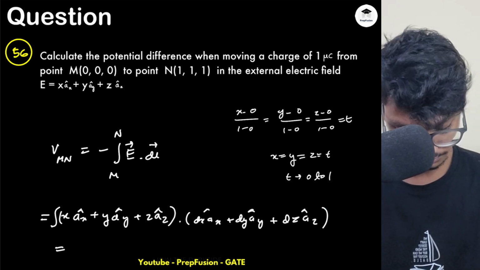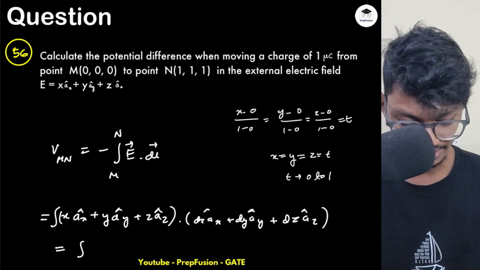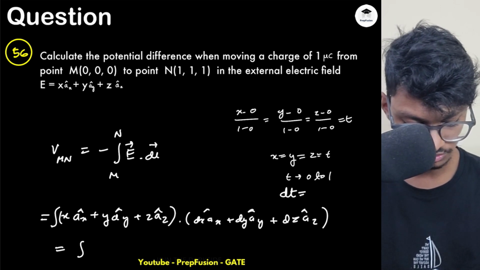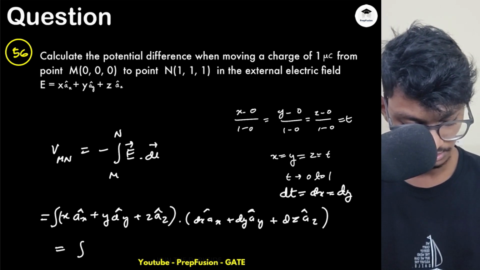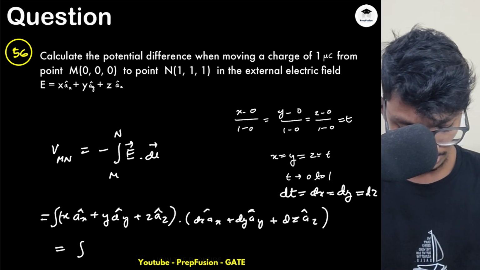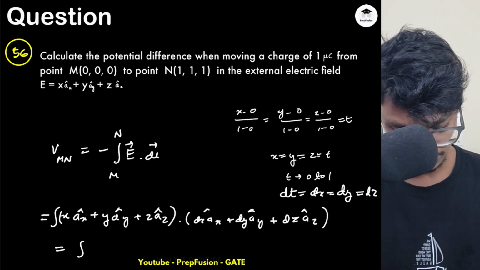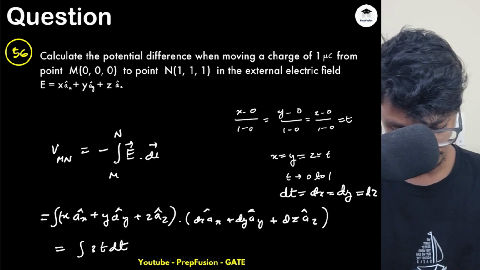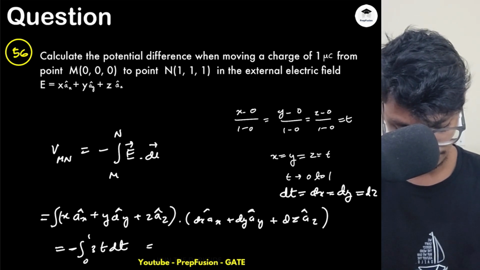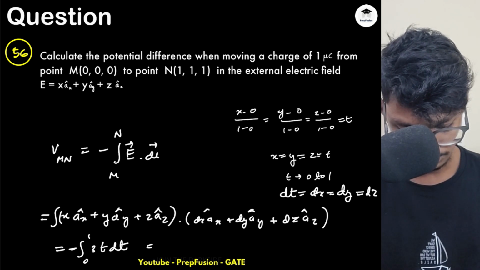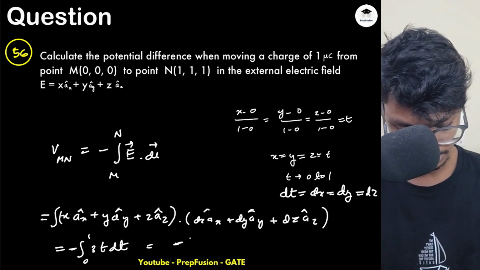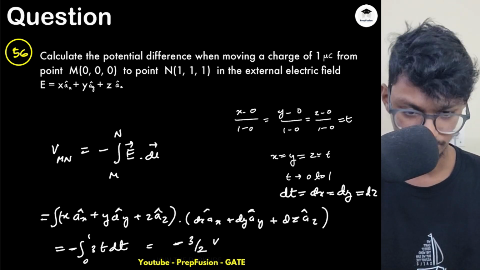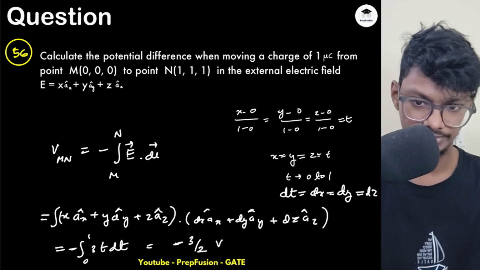Now x is t, and dx, dy, dz are also dt. So everything will be converted into t. This simply will become 3t dt from 0 to 1. The minus sign is there. So this will be minus 3 by 2 volts. This will be your answer, minus 3 by 2.